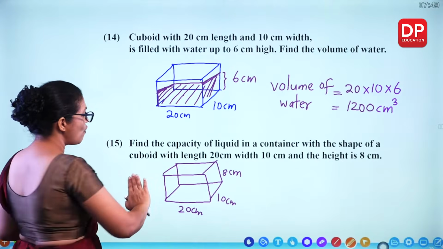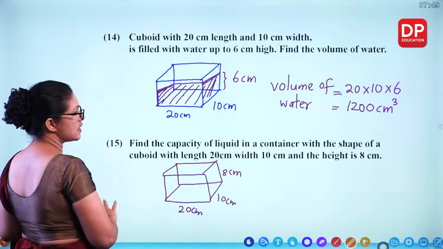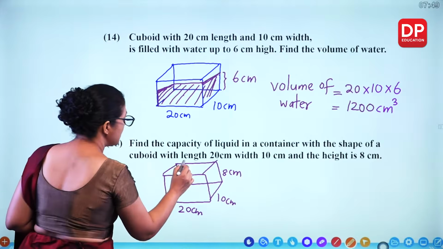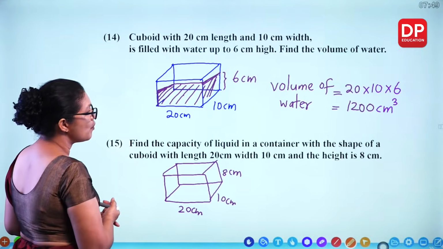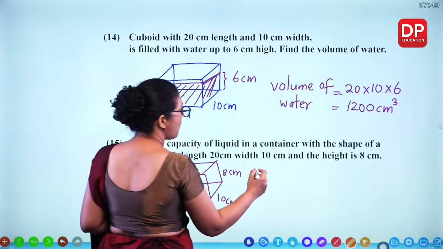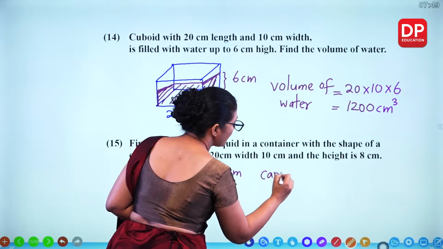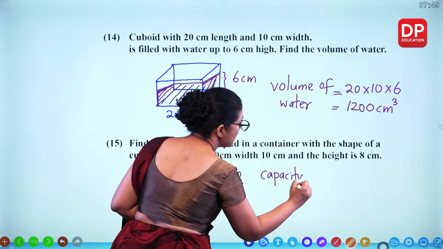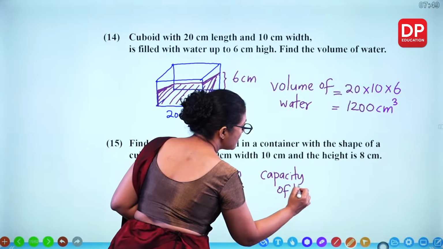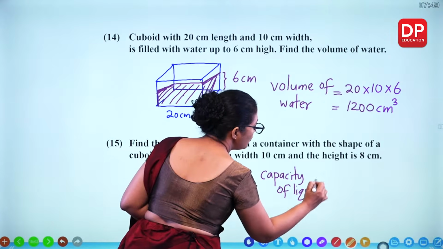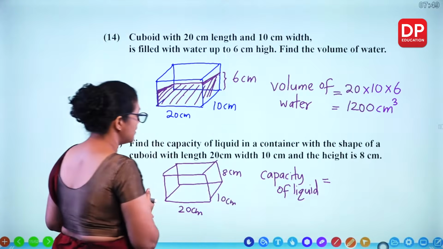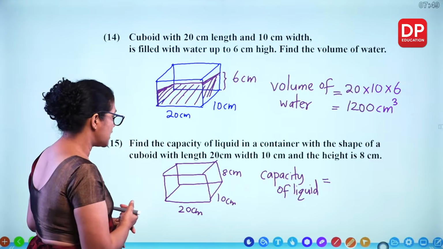Capacity means fully filled with water. So that means the volume of this cuboid. So capacity of liquid is the same as the volume of this solid figure, that's a cuboid.